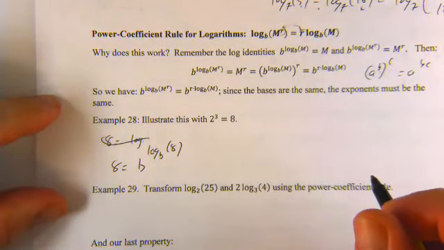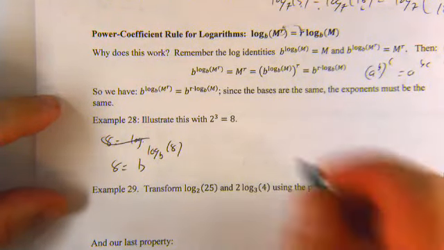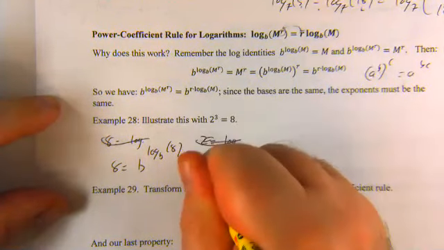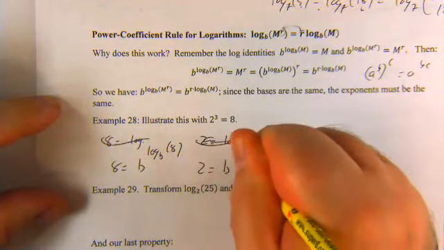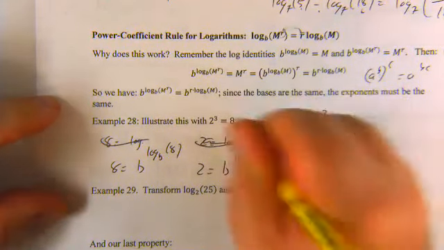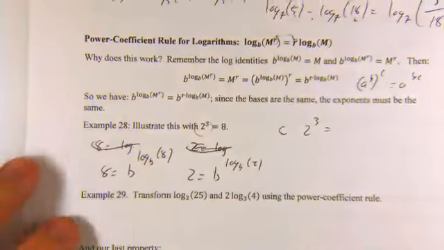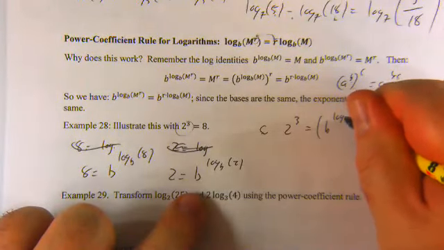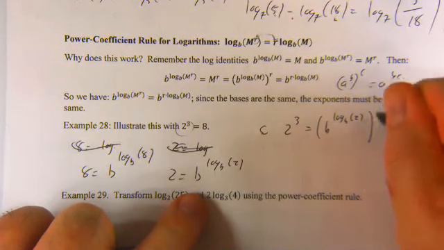And we know that 2 equals b to the log base b of 2. So 2 cubed, which is this side, is b to the log base b of 2, quantity cubed.